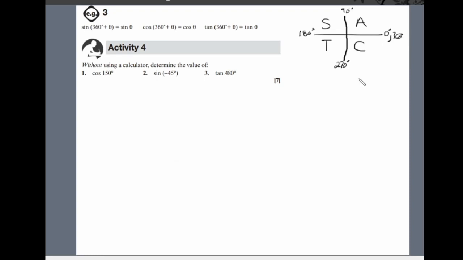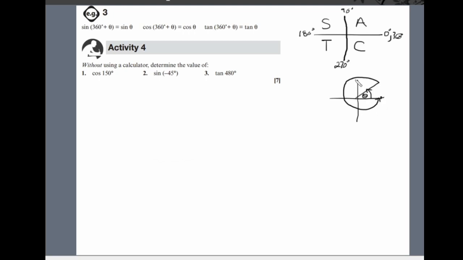Okay, so if you have a terminal arm, the angle theta will be the angle between that terminal arm and the x-axis, right? And when you move this anti-clockwise, you will be measuring the angle theta. At some point as you move the terminal arm, theta will be greater than 90 degrees, meaning theta will no longer be an acute angle.